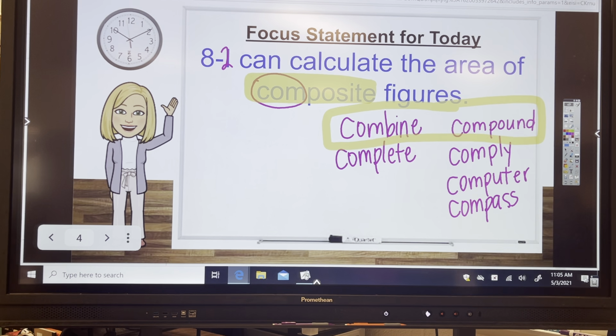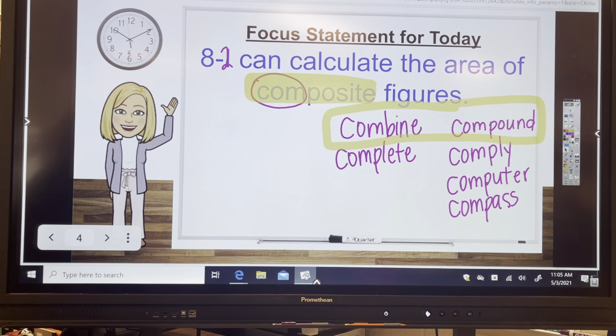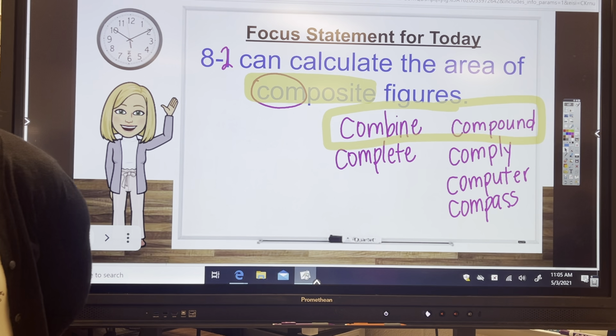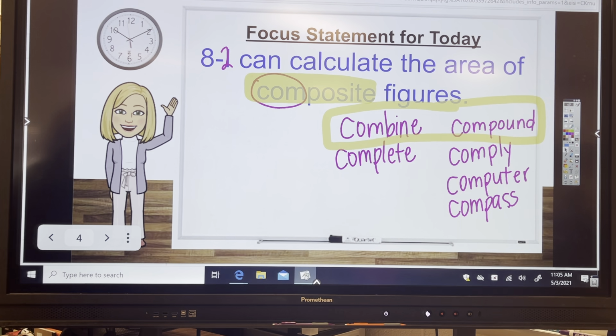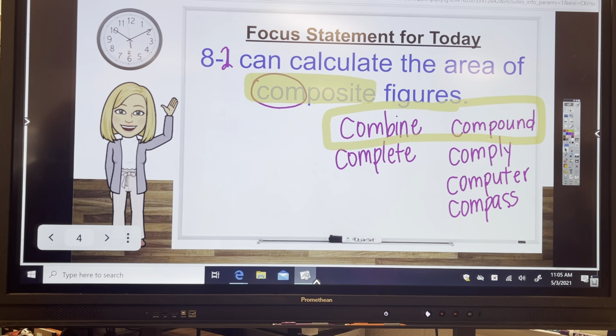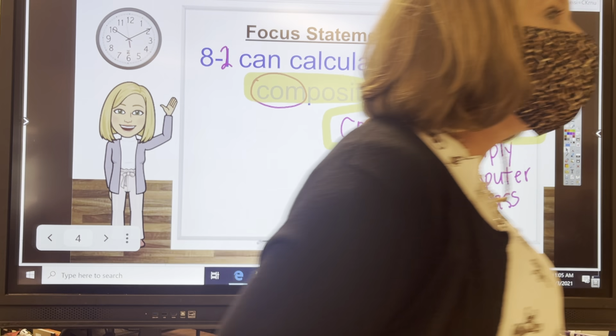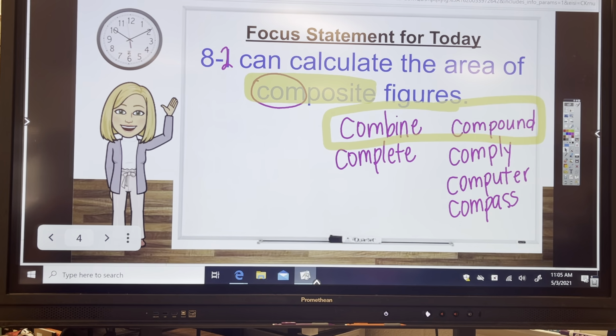Okay. All right. When I've taught composite figures in the past, students have kind of struggled with this one. So I went in search of some YouTube explanations because I know that we're short on time before SC Ready, and some different ways to organize our thoughts and the information that I needed for you to have.